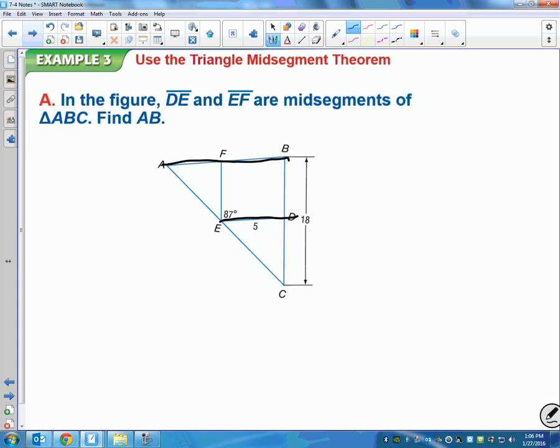It's 10, right? Which if you know that theorem, you don't have any work to do. If this is 5, then this is half the length of this, which means AB equals 10. They didn't ask me this, but do I know what FE equals? What would it equal? Because if this is 18, this is half of it.